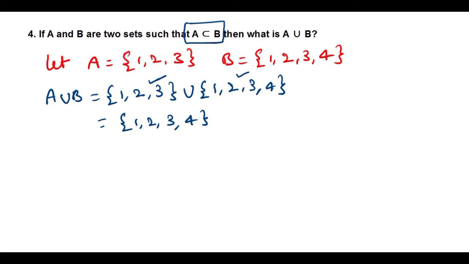This is B. So we conclude, very very important point: if A subset B, then A union B equals B.